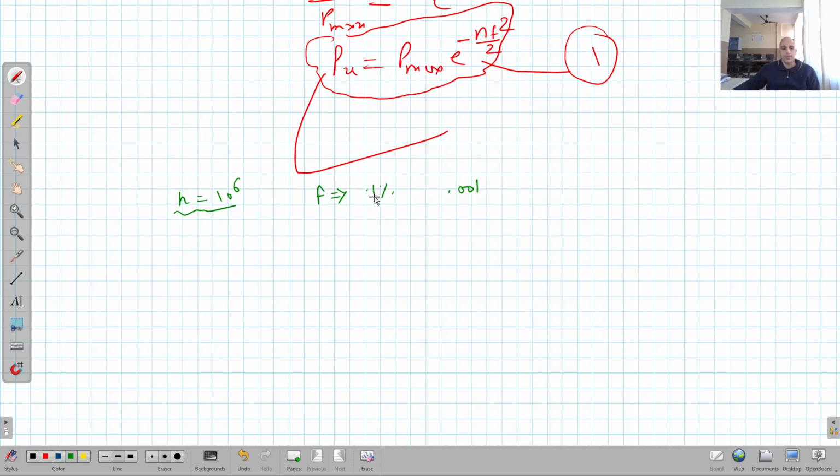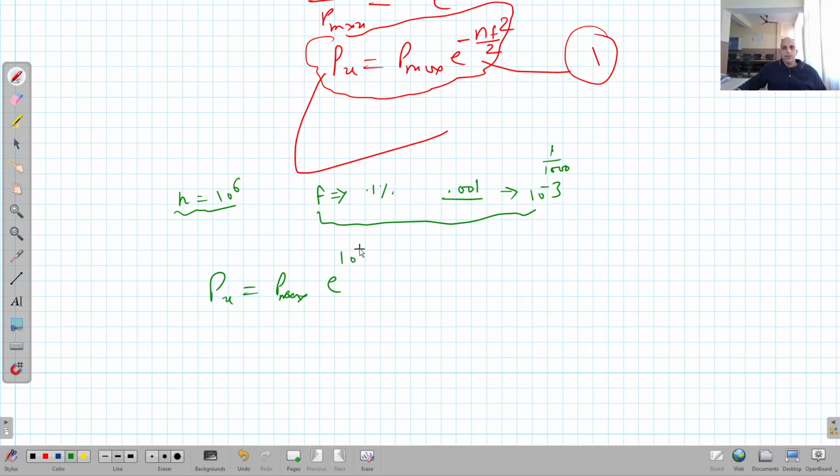Because 0.1% means 1 upon 1000, so I can write it as 10 raised to power minus 3. So f is equal to 10 raised to power minus 3 means 0.1% deviation from the state of maximum probability. N is equal to this. So if I put the value, px is equal to p max into e raised to power minus n f square by 2.